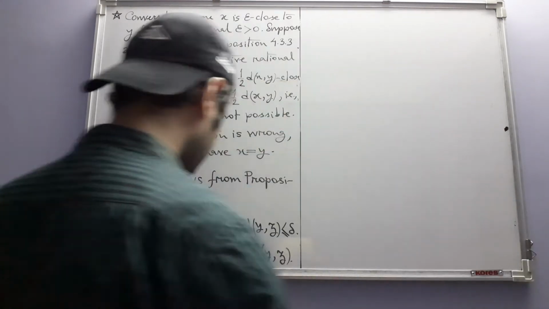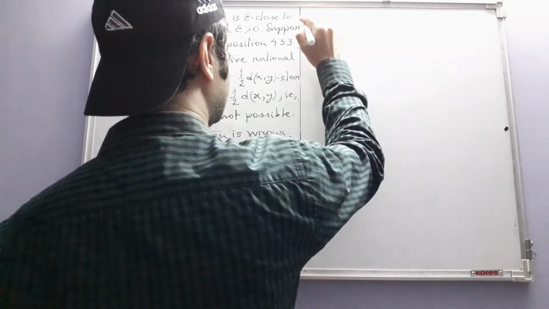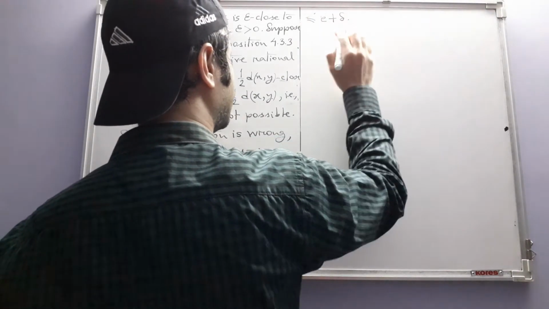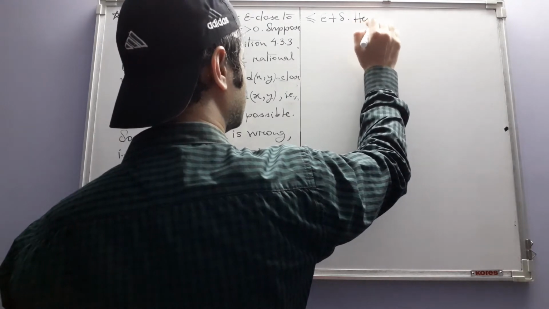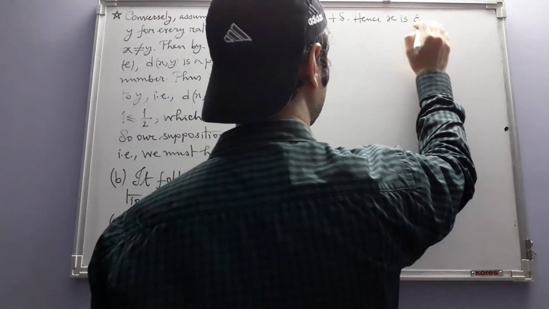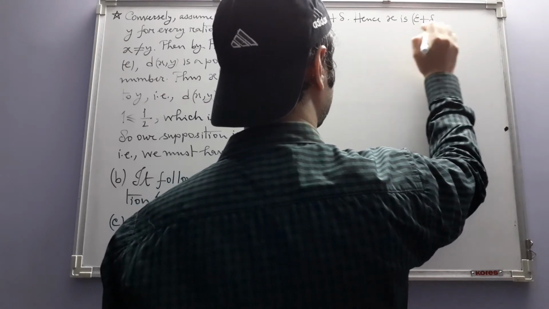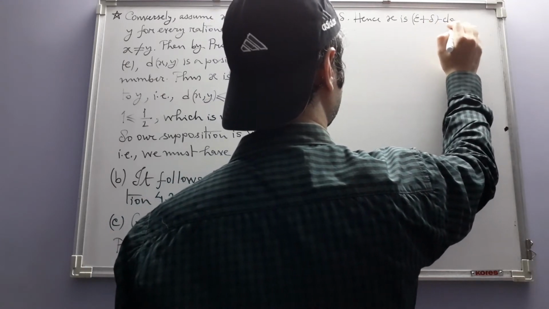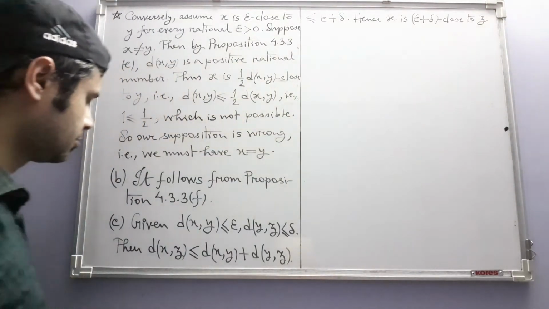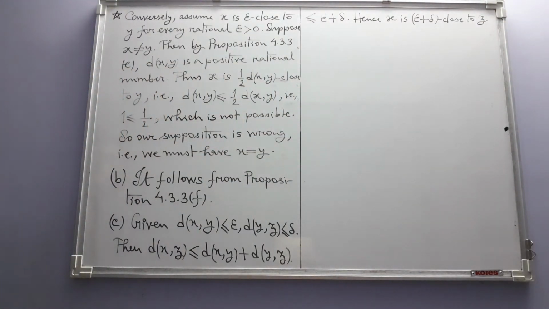Okay, so this turns out to be less than or equal to epsilon plus delta. Hence, x is epsilon plus delta close to z. So that is part C.